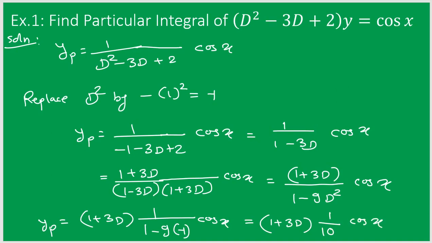Okay, so now we don't have any term of D in the denominator, but it is not over yet. Now we have to operate this 1 plus 3D on this term, 1 by 10 cos x. So yp is 1 plus 3D operating on 1 by 10 cos x. Now it is 3D, so D represents derivative.